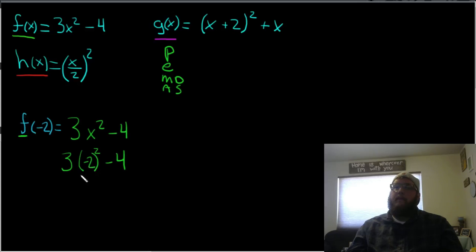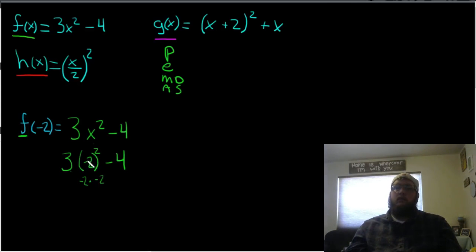The other common issue is people did 3 times -2, but you don't want to do that. That's not the way you want to do this, because that will get you the wrong answer. So make sure you're not doing that. That would be if we were doing multiplication before exponents, but we don't do that.